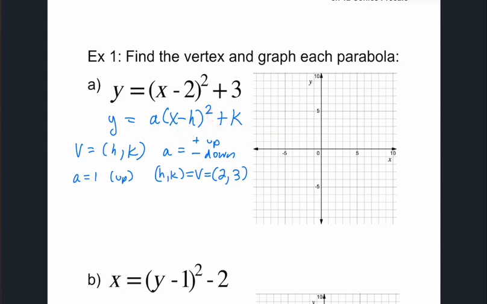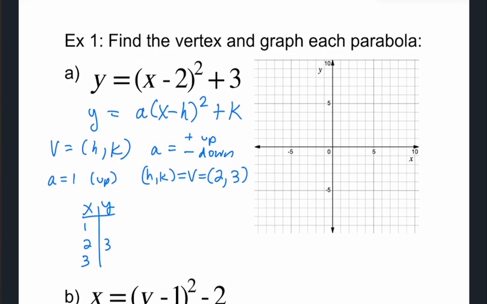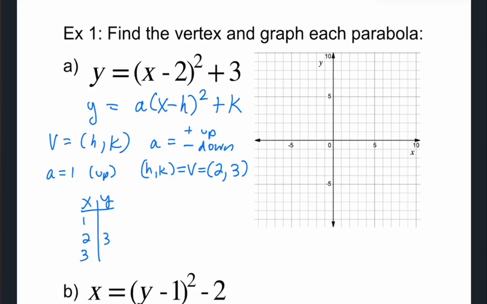And then for parabolas, we are going to make a table. We're going to put our vertex in the middle, and then we're going to plug in one above it and one below it. So in this case, since my vertex is at (2, 3), I'm going to plug in 1 and I'm going to plug in 3. Now, when I plug in 1 into the original, I get the quantity of -1 squared, which is 1, plus 3 is 4.